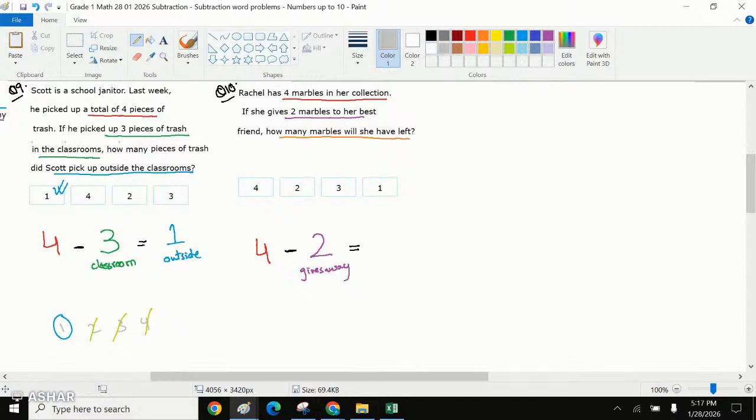That means if she had a total of 4, she gave away 2, then she is left with 2 marbles, right? Have left. That means she has 2 left with her. Okay, moving ahead to the next question.